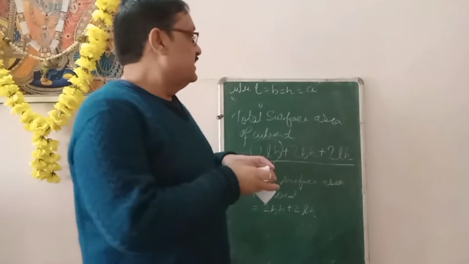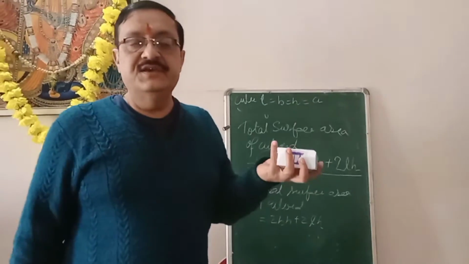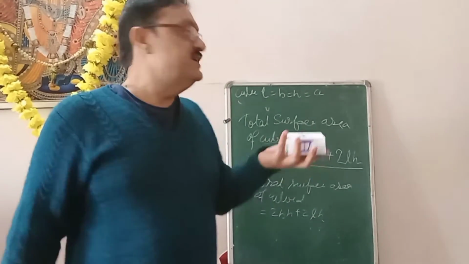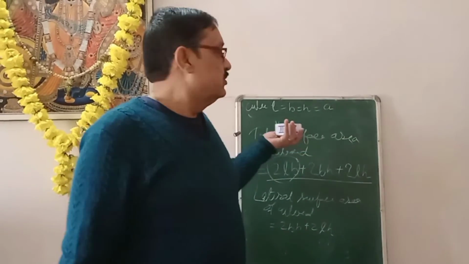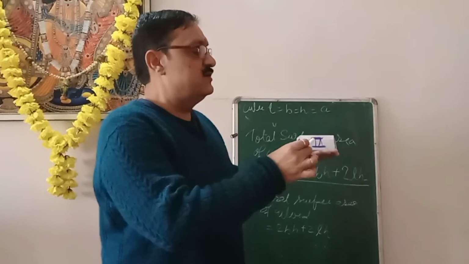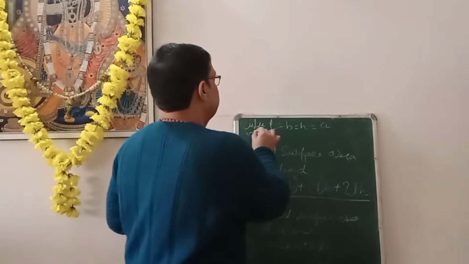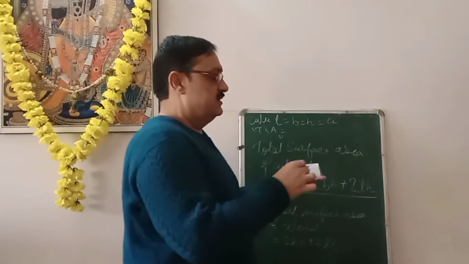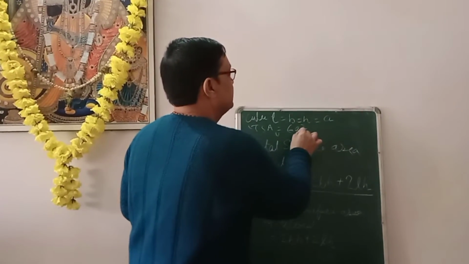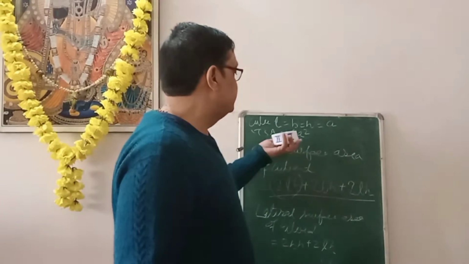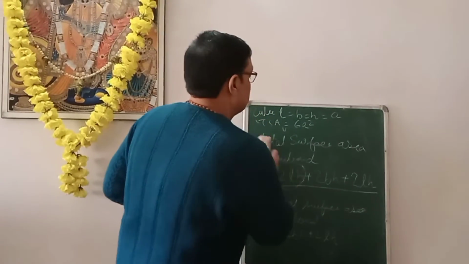If the 6 rectangles become 6 squares, then it becomes a cube. Let us assume all these 6 faces are squares having side a. Then the total surface area will be the sum of the areas of 6 squares. Area of each square is a square, and when we add all these 6 areas, the total surface area becomes 6a square.